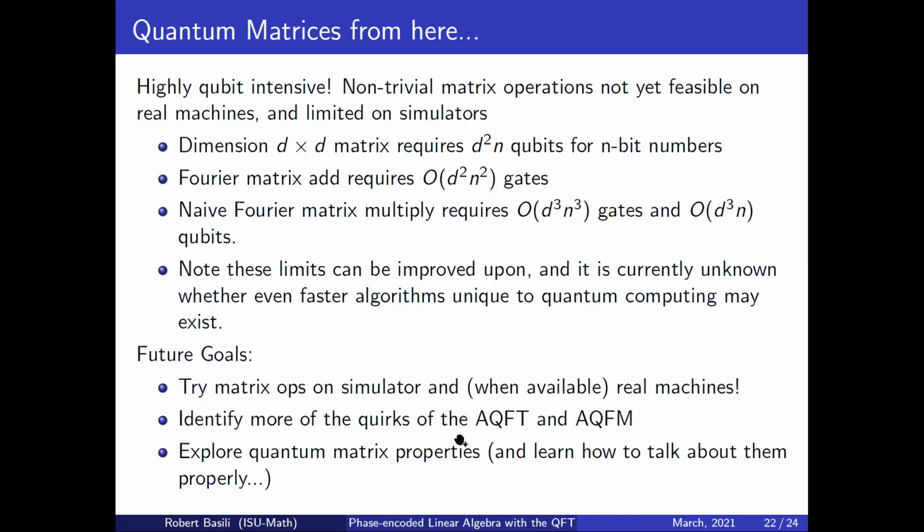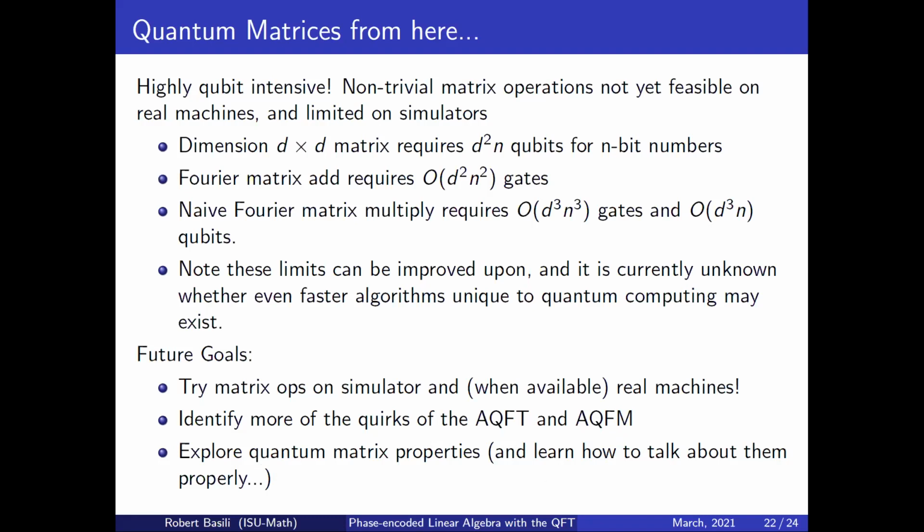And as I alluded to before, there's still some questions, particularly for the Fourier multiply, as far as what is the best depth to default to. And then explore quantum matrix properties, because as I said, I don't really know how to talk about quantum matrices, is what I've come to realize.